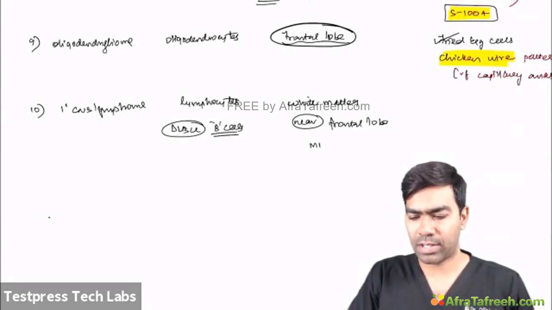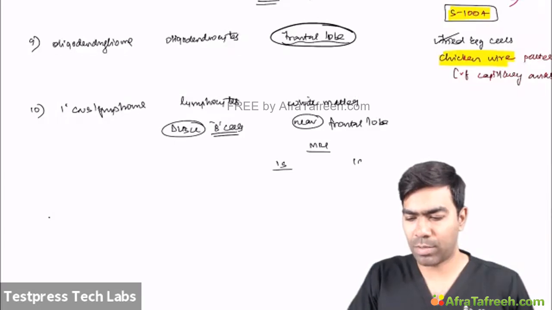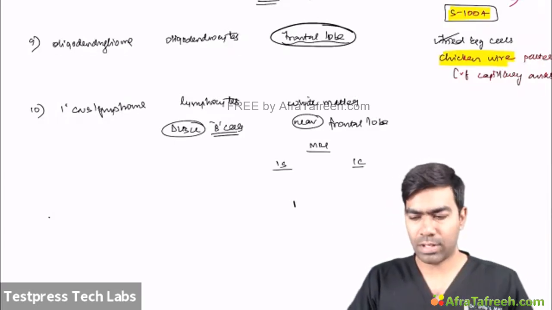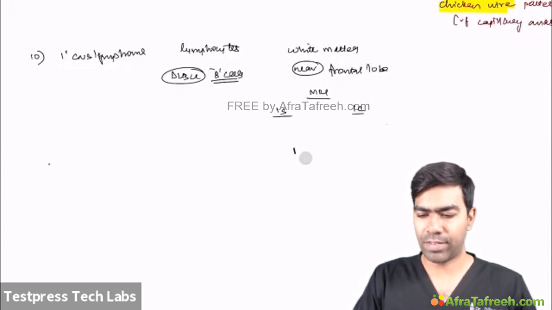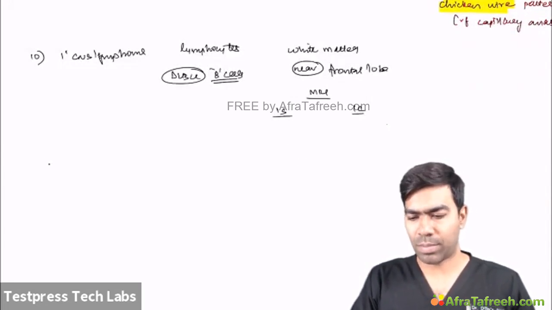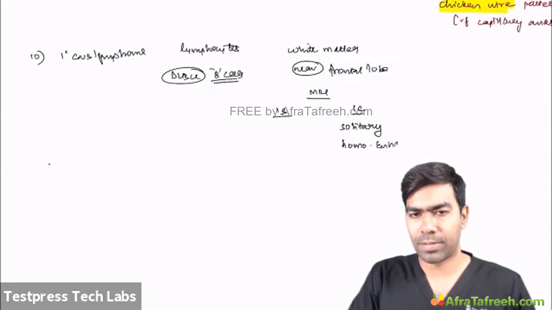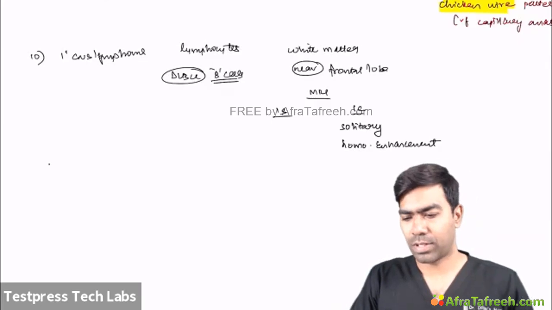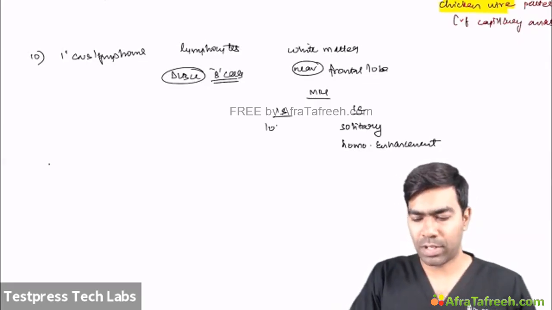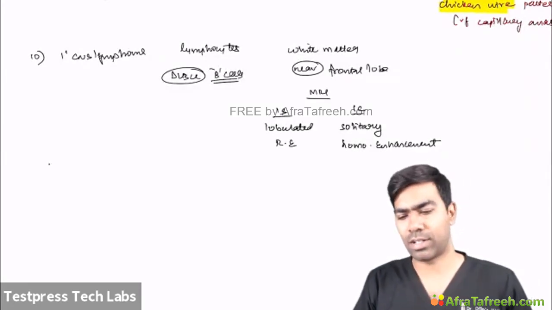As far as MRI is concerned, remember immunosuppressed people and immunocompetent people will have a different picture. Immunocompetent people will usually have a solitary, single lesion with homogeneous enhancement, whereas in immunosuppressed people it will be more of a lobulated appearance and they can be ring enhancing in nature.